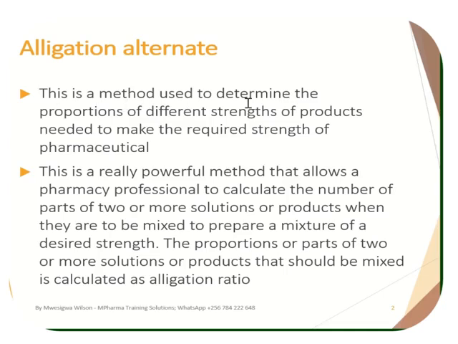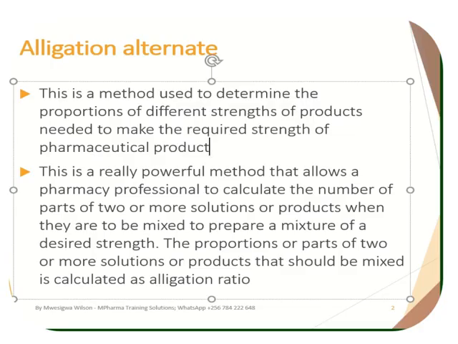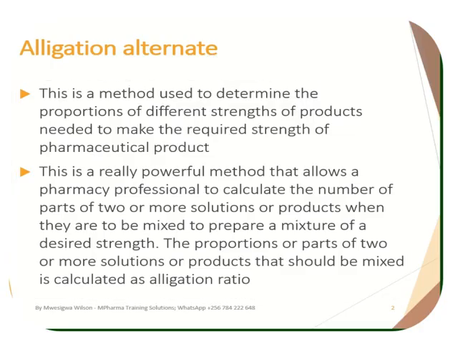This is a method used to determine the proportions of different strength of products, or they could be ingredients or excipients needed to make the required strength of a pharmaceutical product. So in these calculations, we're having products of known strength and we're preparing a known concentration. There is no quantity.